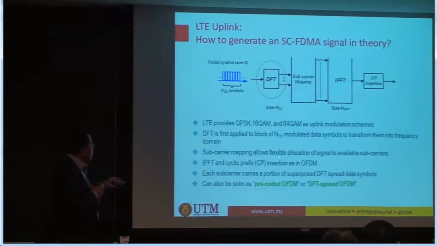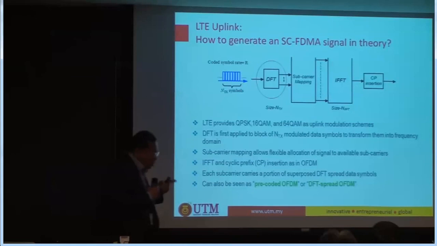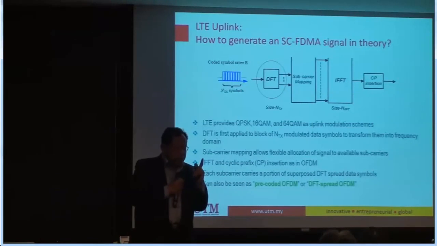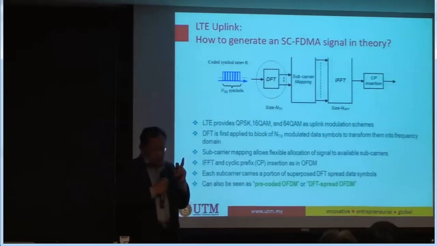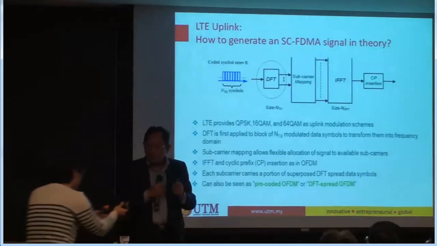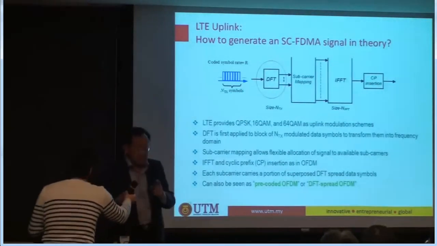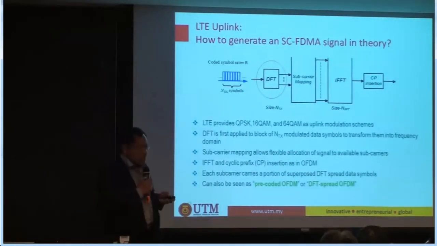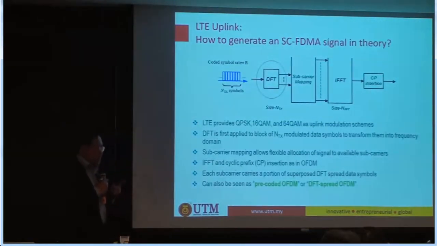Sub-carrier mapping allows flexible allocation of signals to sub-carriers. In OFDM, every sub-carrier carries one symbol, but in single carrier FDMA, the symbols are spread out over a number of sub-carriers.